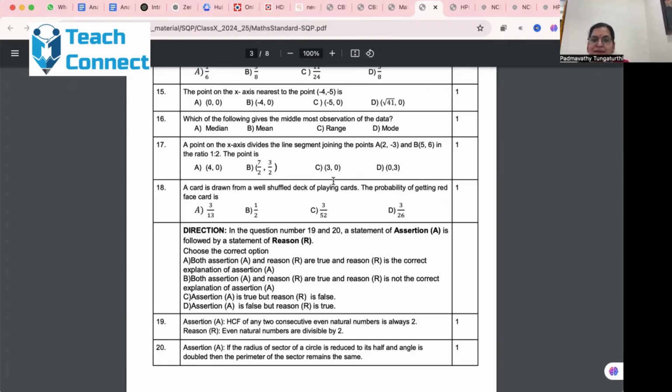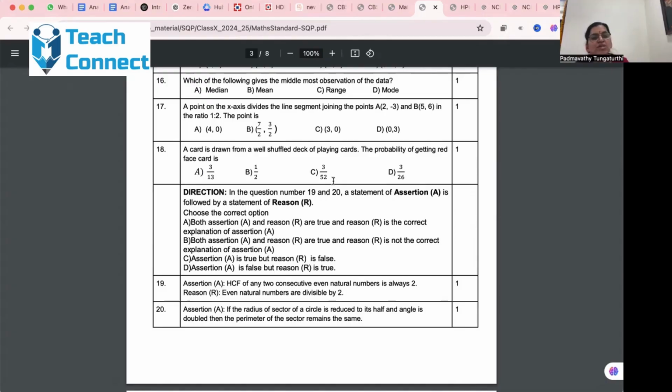Root 49, that is 7. That means it must be around 6 or so. Root of 41 should be 6 point something. Therefore, the closest one is minus 4. Is the child wasting time here calculating the root of 41, is what the examiner wants to know? Or is the child using the approximation technique over here or not? This is the challenge that the student should overcome.